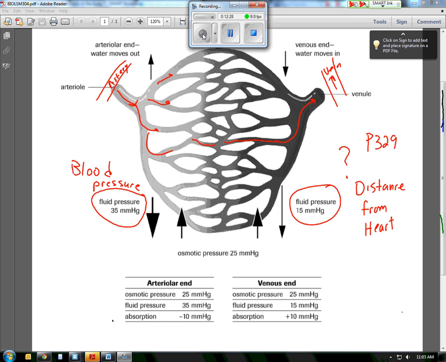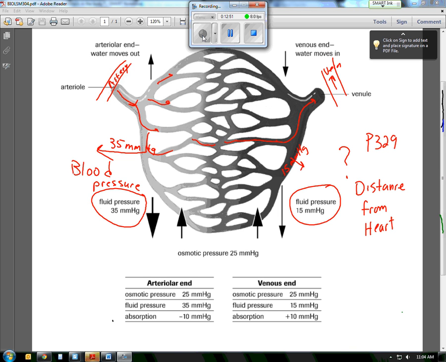Well, right by the house. Because as this blood flows through these blood vessels, it has to fight through, and that's going to slow it down, and the resistance starts to increase and all the rest of it. So the simple version is that as blood vessels get further and further away from the heart, the fluid pressure goes down.